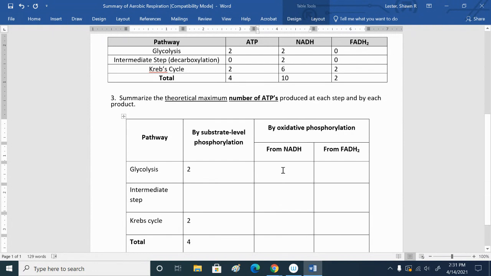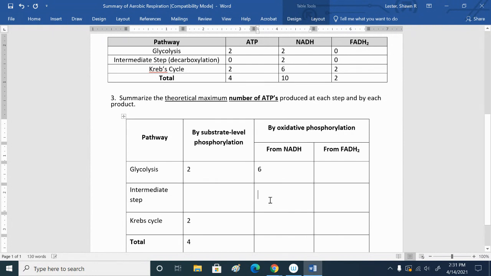Now for the number of ATPs produced by the NADH, since there are two NADHs produced in glycolysis, remember they yield how many ATPs? Each yields three. Since there are two NADHs, there would be six ATPs.